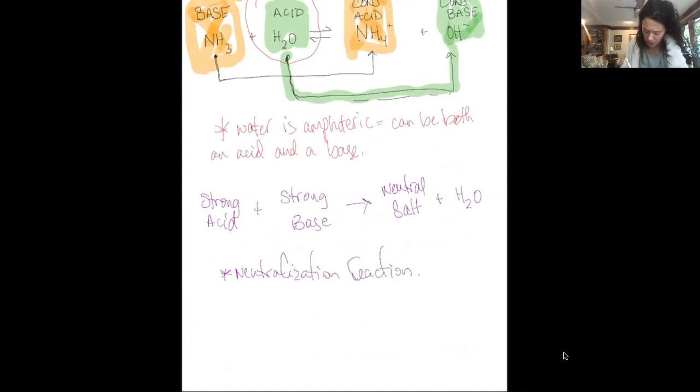A classic example. Let me write it in the order that I wrote it up above: the neutral salt first and the water second. You might be thinking, neutral salt?